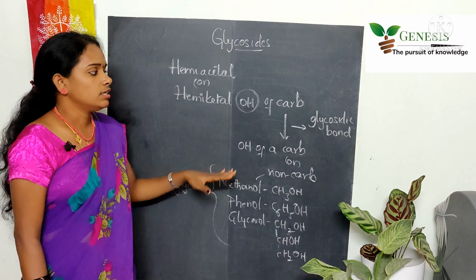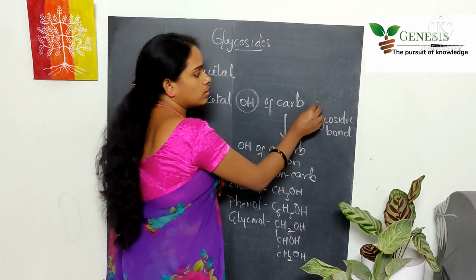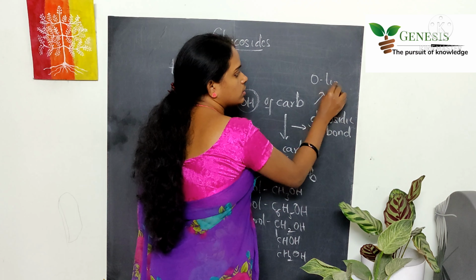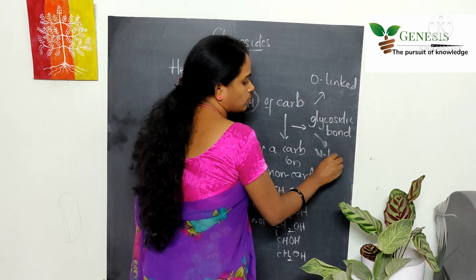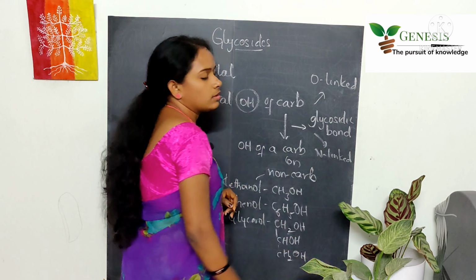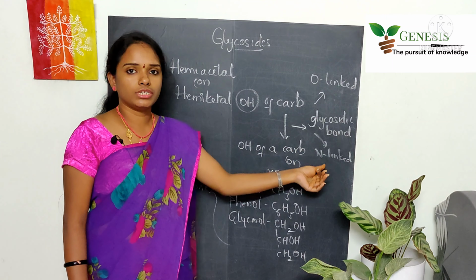Here we can see two kinds of glycosidic bonds: O-linked glycosidic bonds and N-linked glycosidic bonds. Simply we can call them O-glycosidic bonds or N-glycosidic bonds.